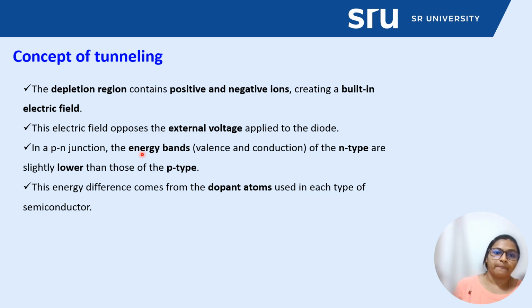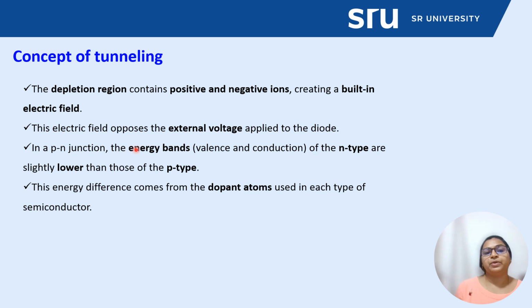This electric field in the depletion region exerts electric forces in a direction opposite to the external electric field, or the external voltage. So this electric field opposes the external voltage applied to the diode.